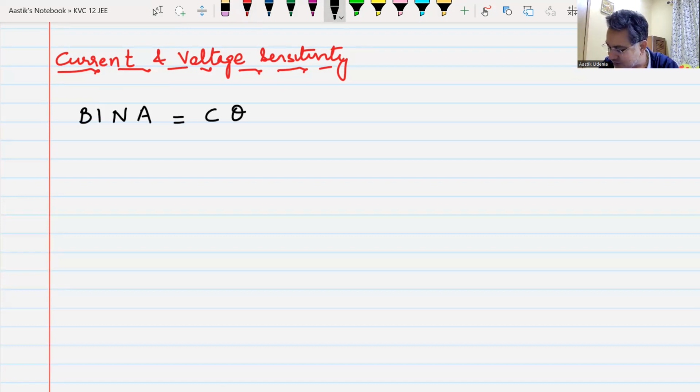So the deflection theta can be written as B N A by C multiplied by I.